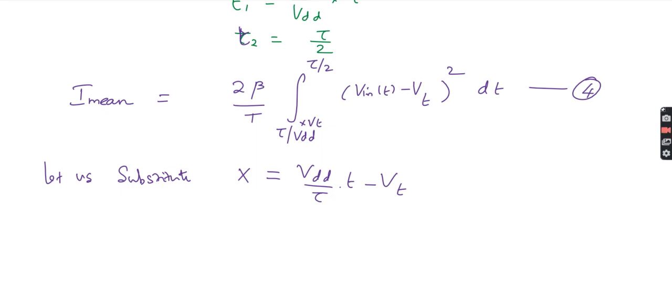See, I have done something over there. Actually, we have to substitute the Vn of t. What is the Vn of t? Already, as I said, the Vn of t is nothing but VDD by tau into t. Yes, this is Vn of t. So this whole thing we consider as x.